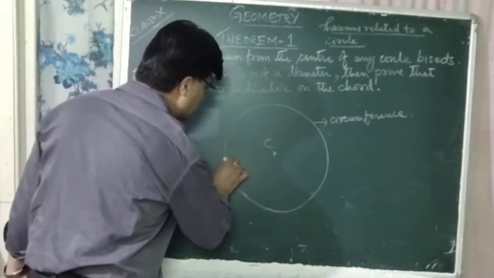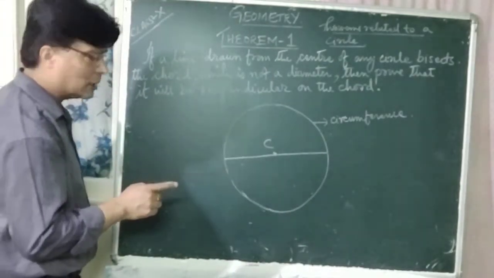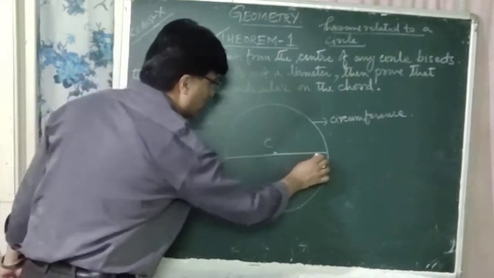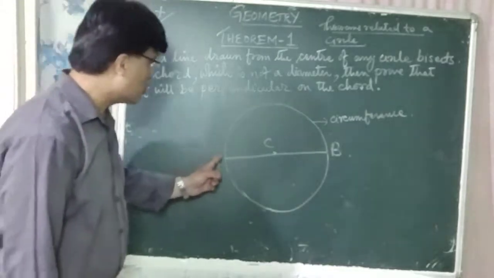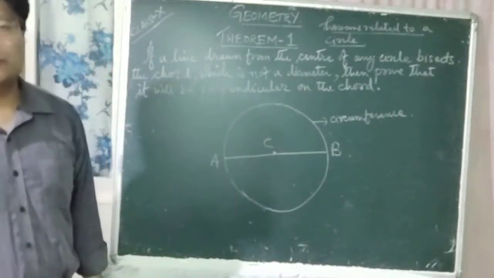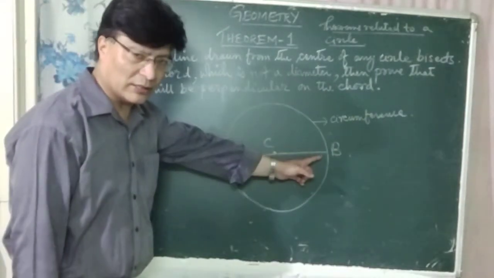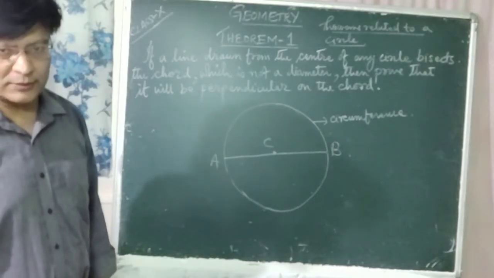So if you draw a straight line which passes through the center of the circle and will meet the circle at 2 points, suppose the 2 points here are A and B, this AB is known as the diameter of the circle, which passes through the center of the circle.